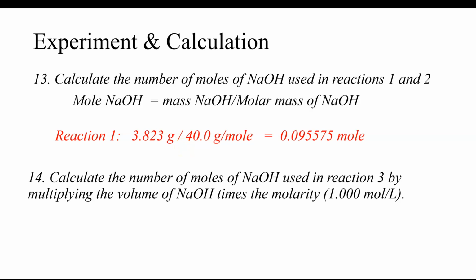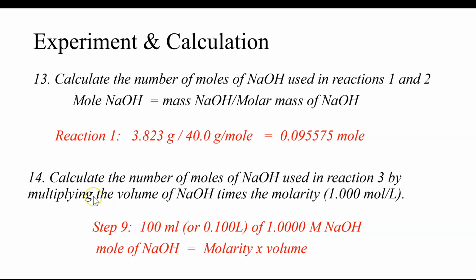Same step. Number 14, calculate the number of mole of sodium hydroxide used in reaction number 3. To calculate number of mole of sodium hydroxide, it is equal to molarity multiplied by volume.